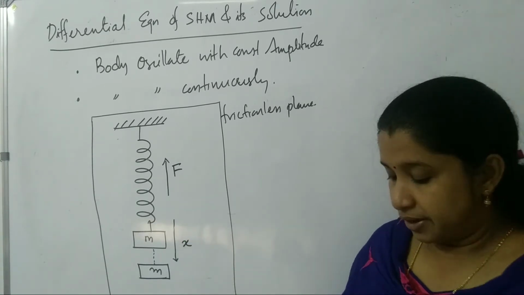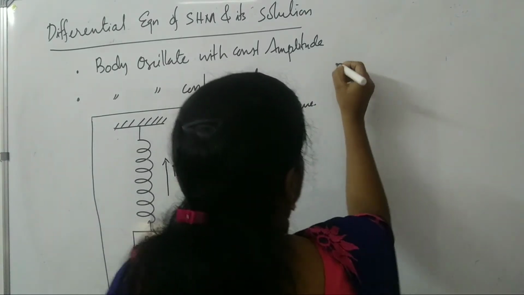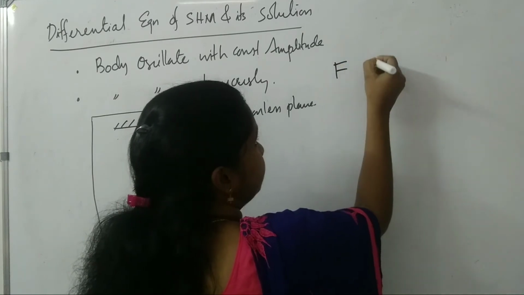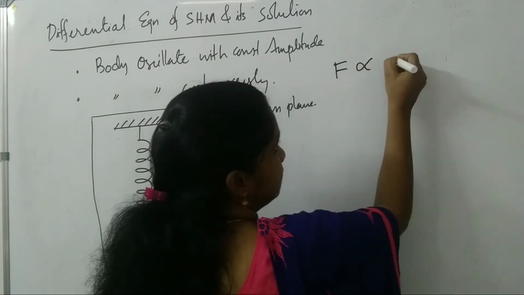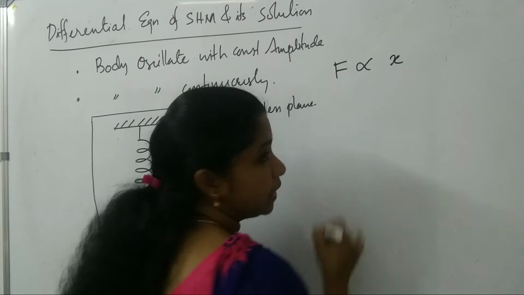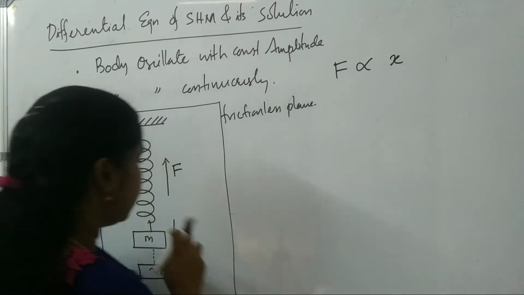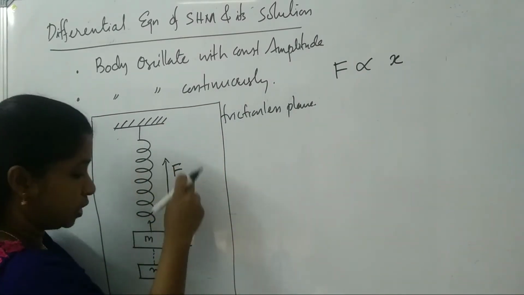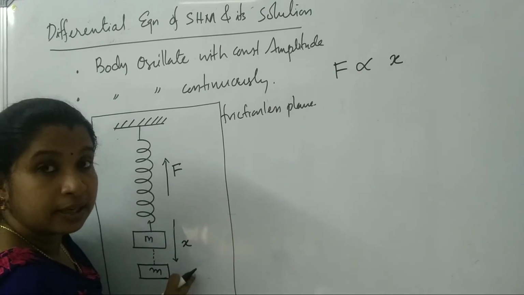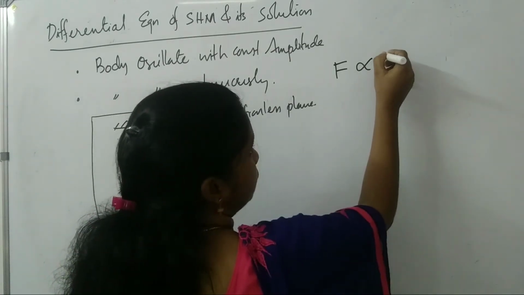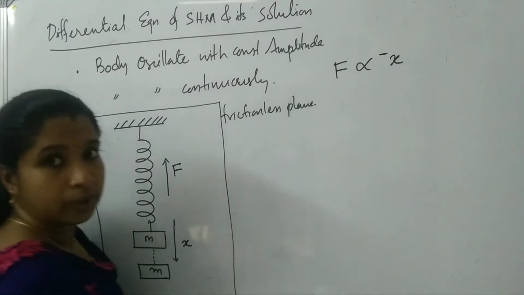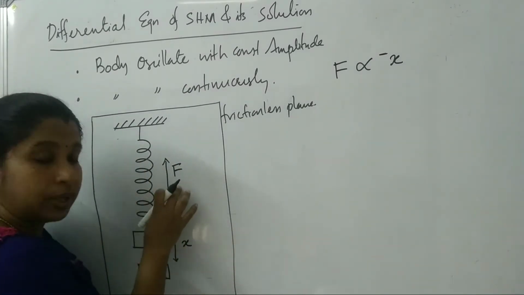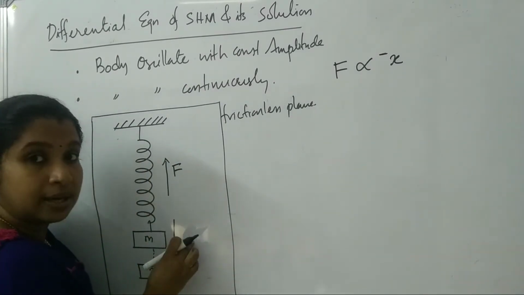From these conditions, we can write that the force acting on the spring is proportional to the displacement of the mass suspended. But the force is in the upward direction and the displacement is in the downward direction, so we put a minus sign.